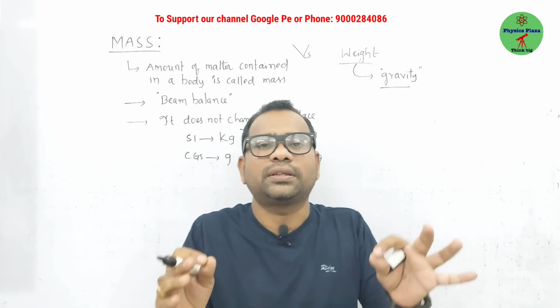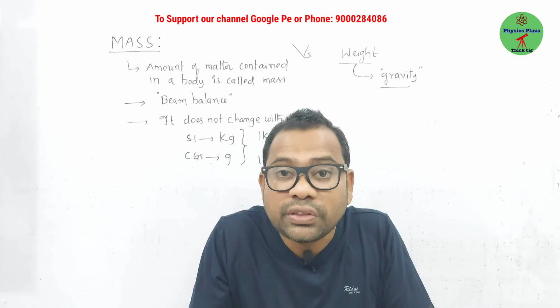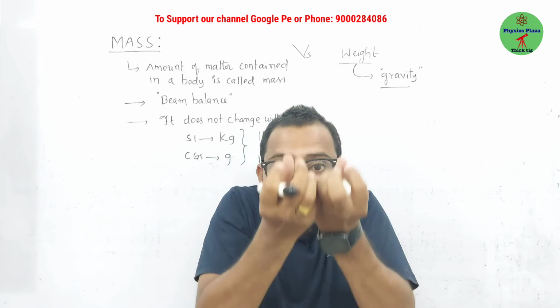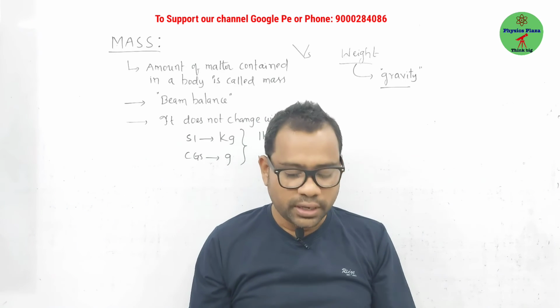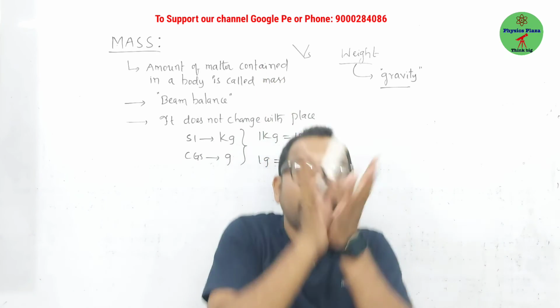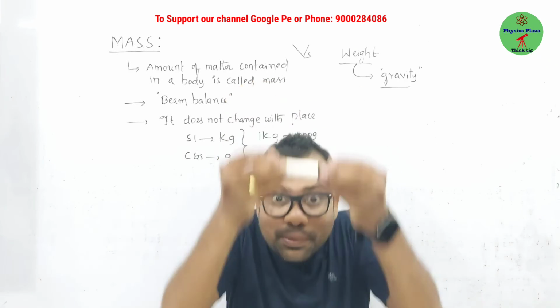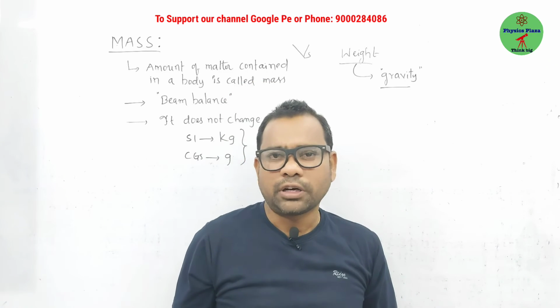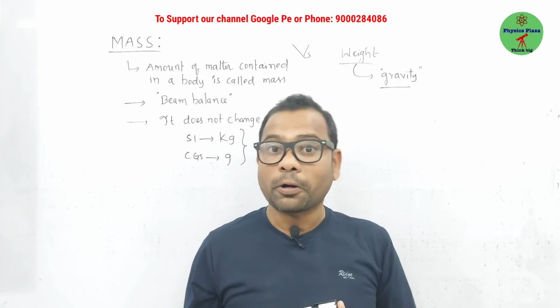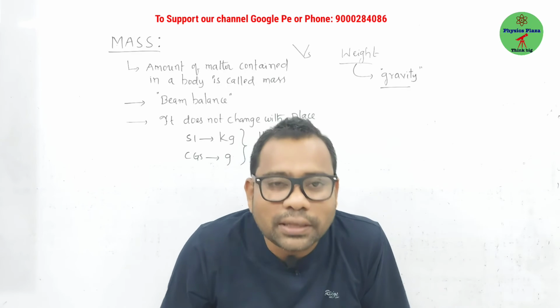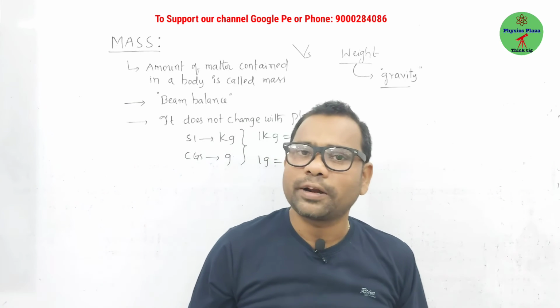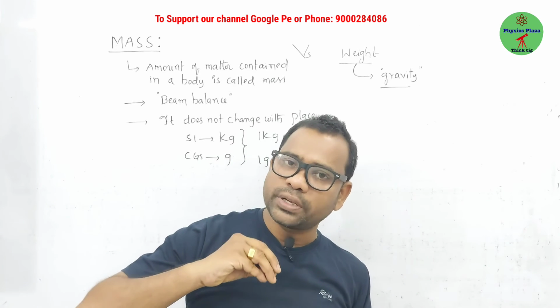What actually is weight, dear children? Weight is nothing but the force with which an object is attracted by the earth. If you throw any object upward, it comes back again. Then you may have a doubt, sir, we are sending rockets, right? Why do they not come back immediately? Dear children, there is a condition.